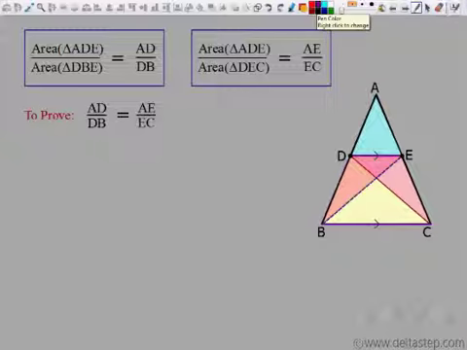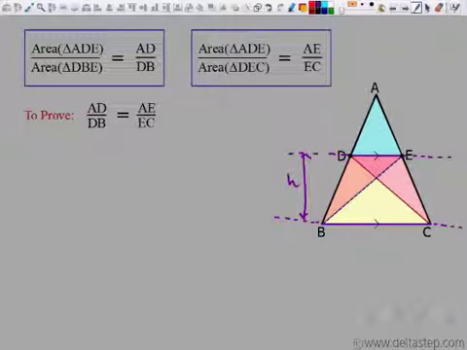Let's say I extend this parallel line. We know between two parallel lines, distance is always the same. Let's say distance is h. So distance between these two parallel lines would always be the same. And these two triangles are on the same base DE.